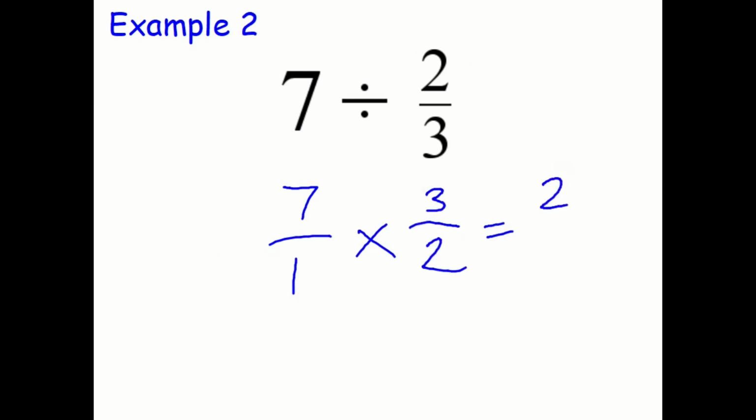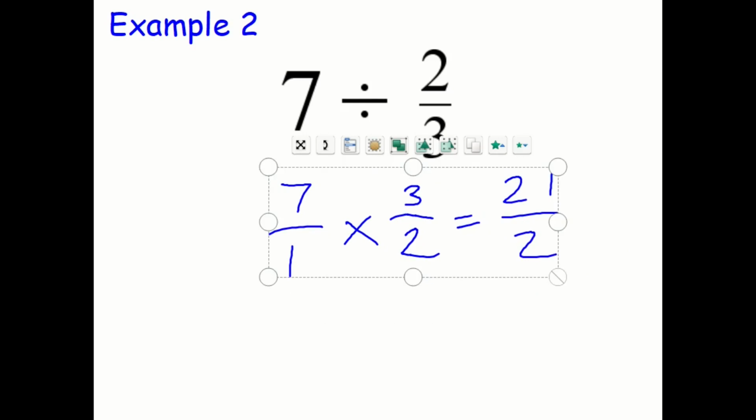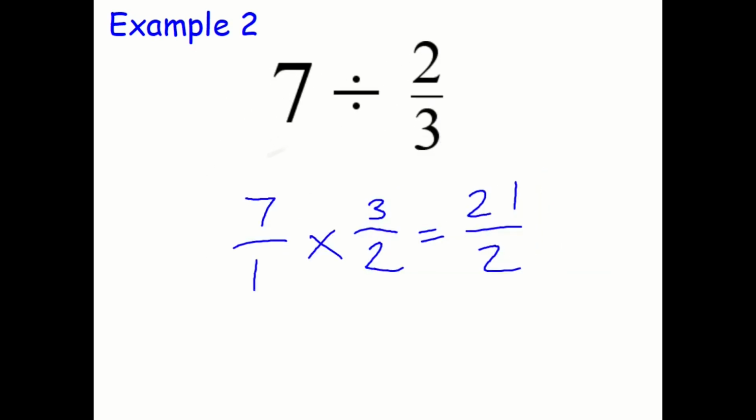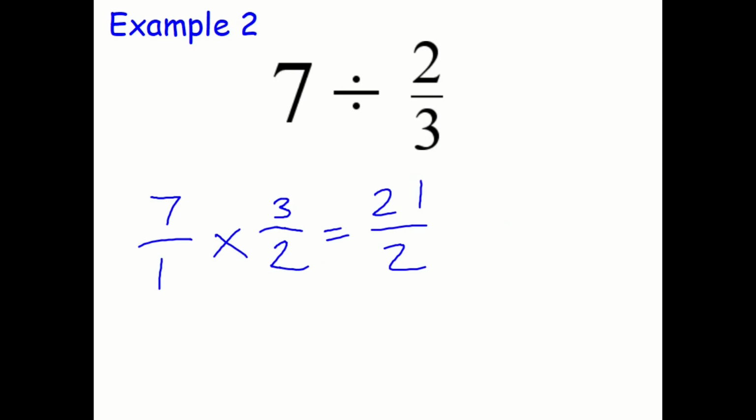Multiply across the top, multiply across the bottom, and this becomes 21 divided by 2, and 21 divided by 2 is 10.5. So this question is basically saying how many 2/3 are there in 7 whole cakes, and there are 10.5 2/3 in 7 cakes.